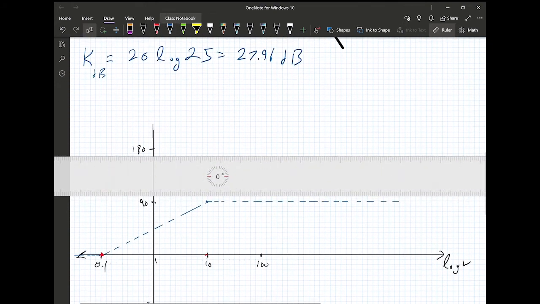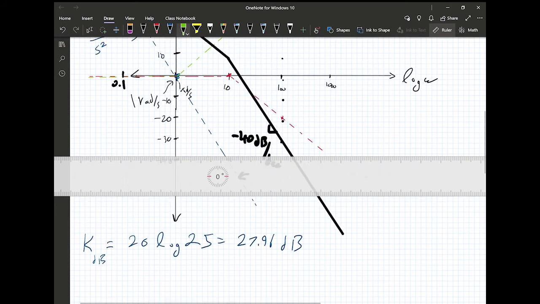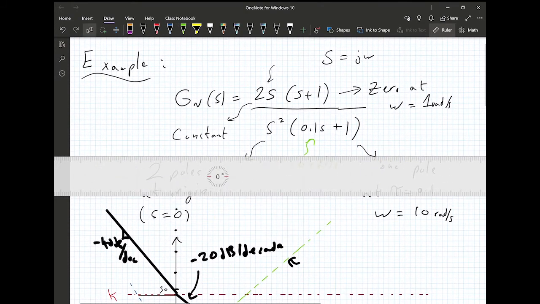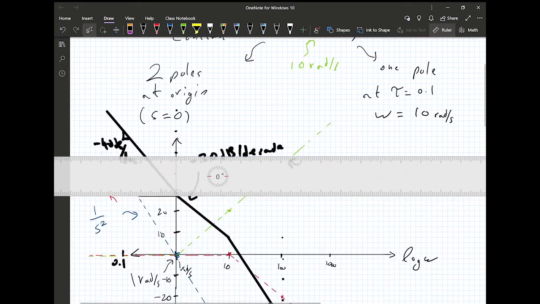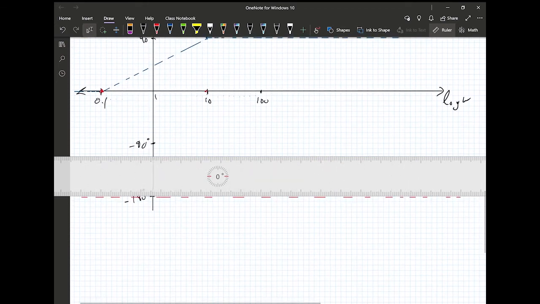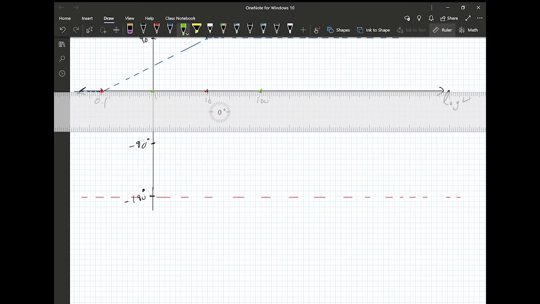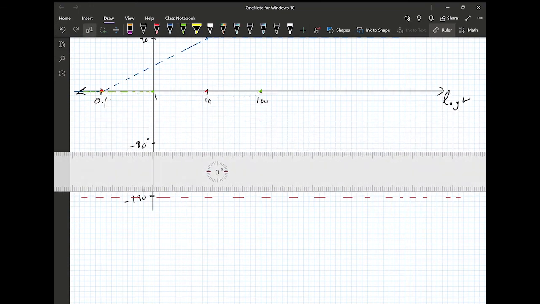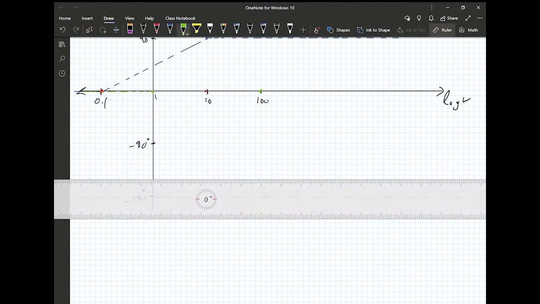Now let me move to the pole. The pole is at 10 rads per second. So the 2 inflection points of the asymptote are going to be 1 decade lower and 1 decade higher. So again, the pole is going to start with 0 degrees for the phase, and then it's going to go to minus 90 at 100.